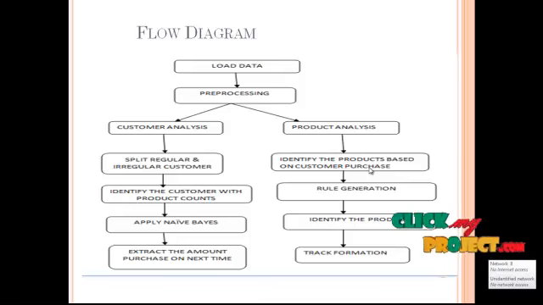We generate the rule based on the maximum product count purchased by regular customers, identify the products with the maximum count, and arrange the products into a track. Track formation is useful for business development.